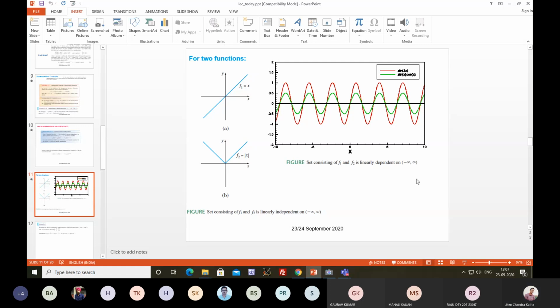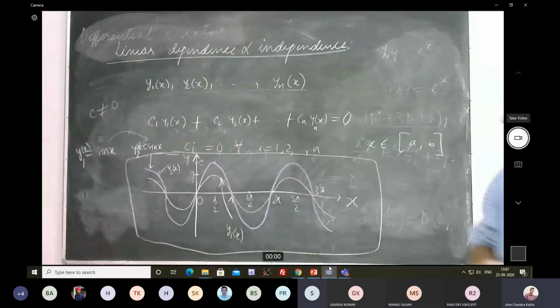Then they will be linearly dependent, because one is going to be the negative of the other, right? It is clear to everybody, I guess.